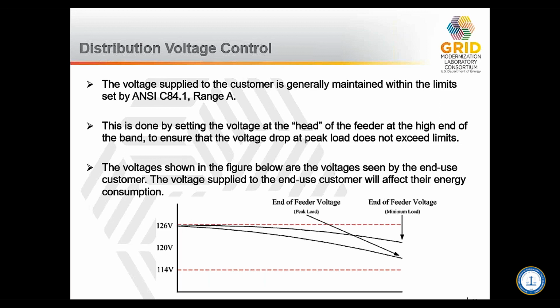Because of the different loads on the system, the voltage starts to drop. Another key aspect is that as the load on the system changes, the voltage can vary as well. At nighttime, there's not much load on the system, so you may have a higher voltage at the end of the circuit. But as you load it up, it'll start to drop and you can get a lower voltage. Next slide, please.